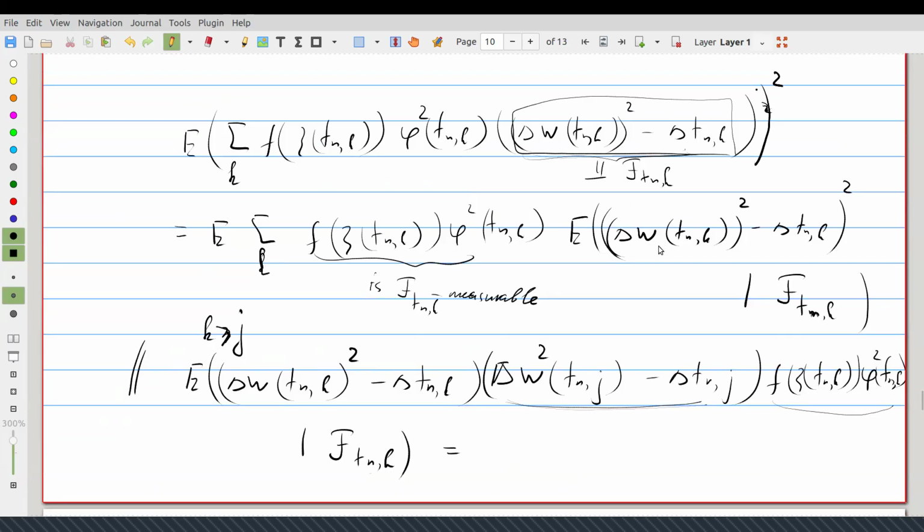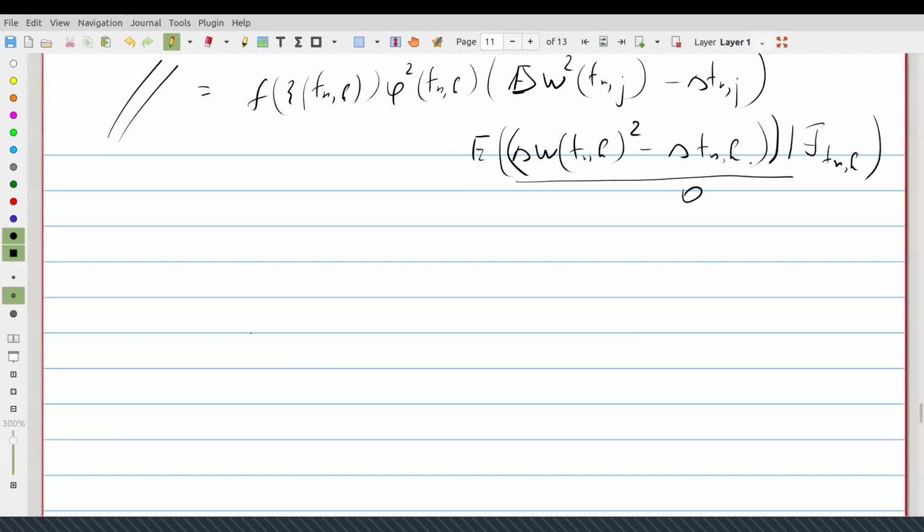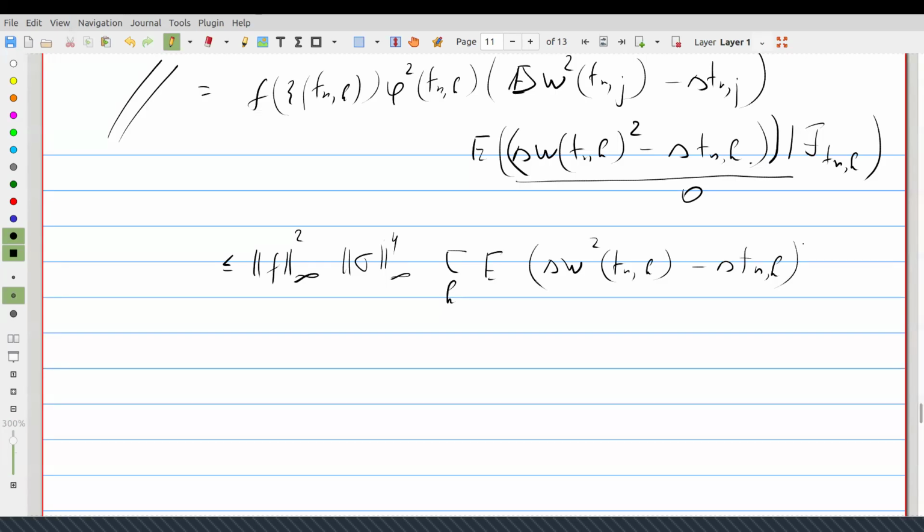And we obtain this expression. Exactly as in the proof for the two variation of a Wiener process, you can prove that this sum converges to zero, because you can get rid of phi and psi, and you are left essentially with the sum of delta W t and k squared minus delta t and k, squared.